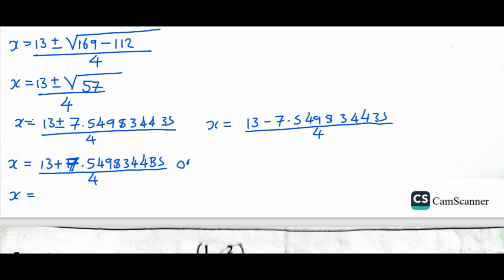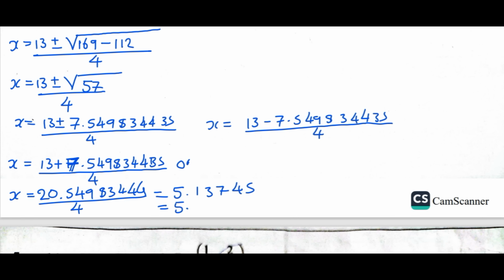So 13 plus 7.549834435. So this is giving me 20.549834435 over 4. So I'm getting 5.13745. So this will be 5.14.